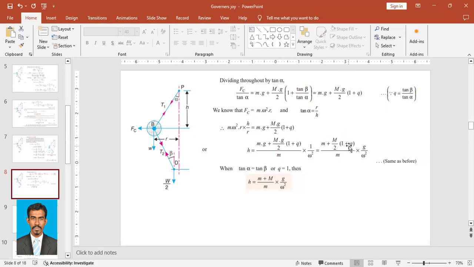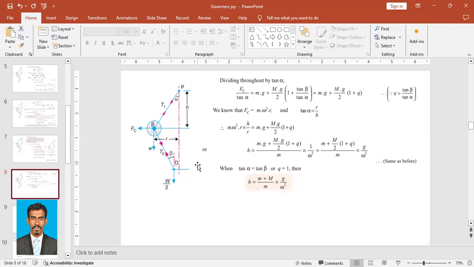If tan alpha is equal to tan beta, this q will be 1. So if this q is 1, then we will have h equal to m plus capital M upon small m into g upon omega square. Why? Because q is 1, so 1 plus 1 is 2, and this 2 and this 2 will be cancelled out. So we will have small m plus capital M by m into g upon omega square. This is the condition if tan alpha is equal to tan beta.